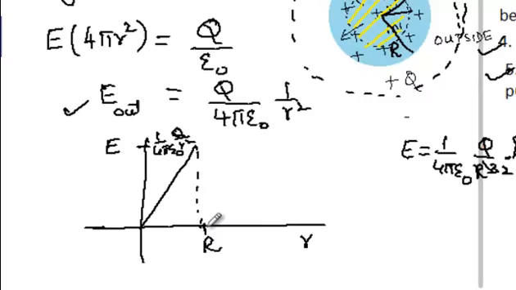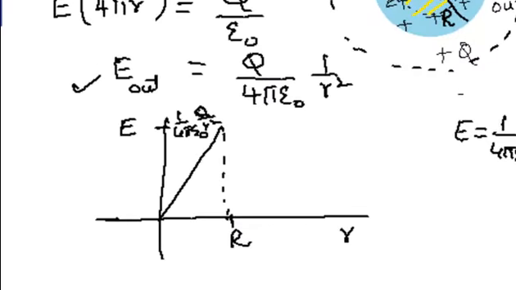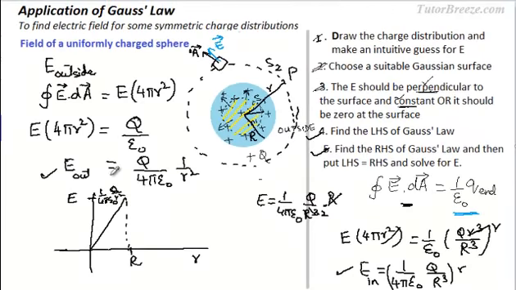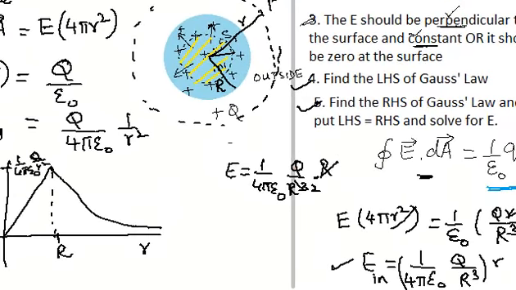Now, as you move away from the sphere, the electric field is going to fall as 1 by r square. So the electric field falls off.